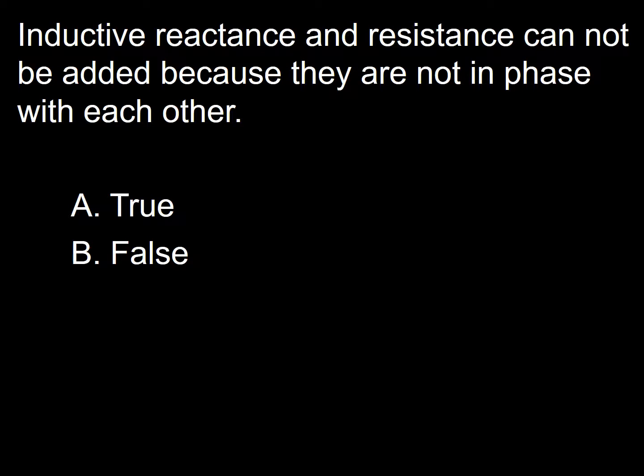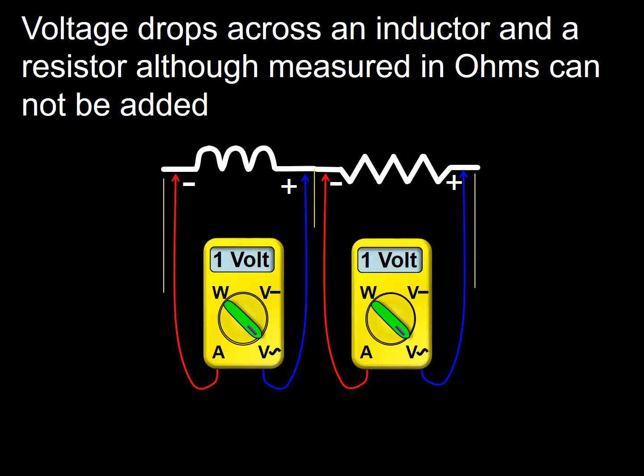Next question. Inductive reactance and resistance cannot be added because they are not in phase with each other. A true, B false. A voltage drop will occur when current is going through a resistor and when current is going through an inductor. But they cannot be added.